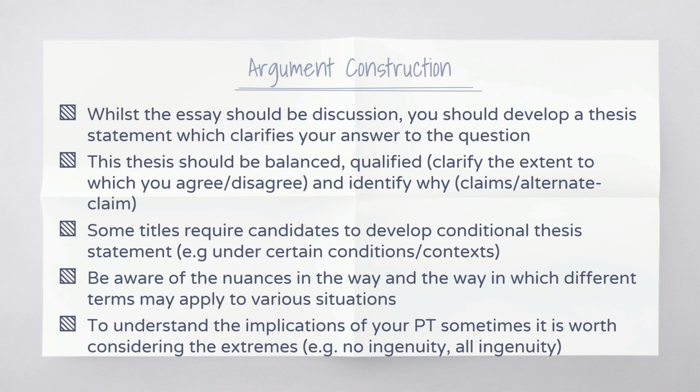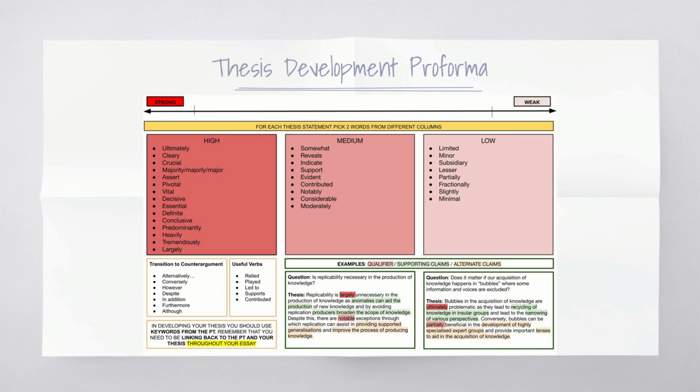So when constructing your argument, you really need to have a really good understanding of your title. What you may find is that you develop your claims and your alternate claims initially, and then you come back to your argument construction once you've considered how you're going to approach the essay in the body. This is an idea of how to develop a really good balanced thesis statement.